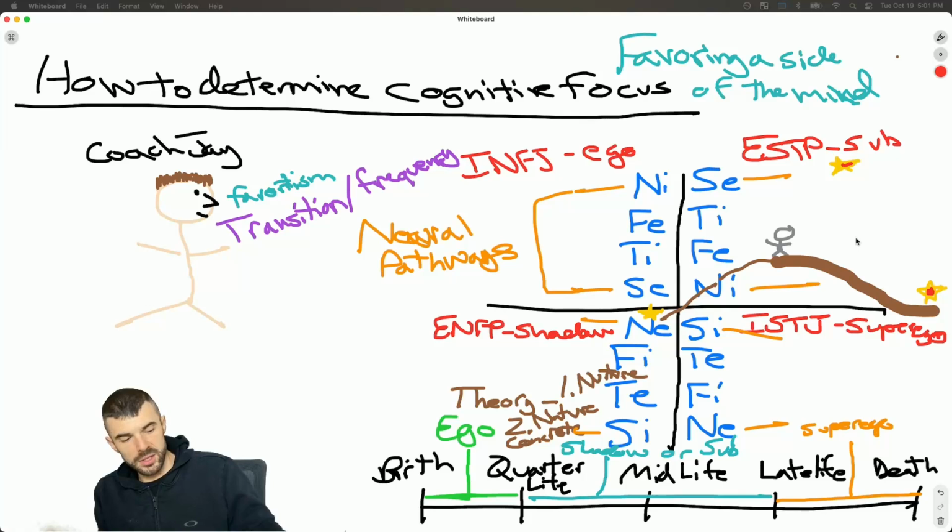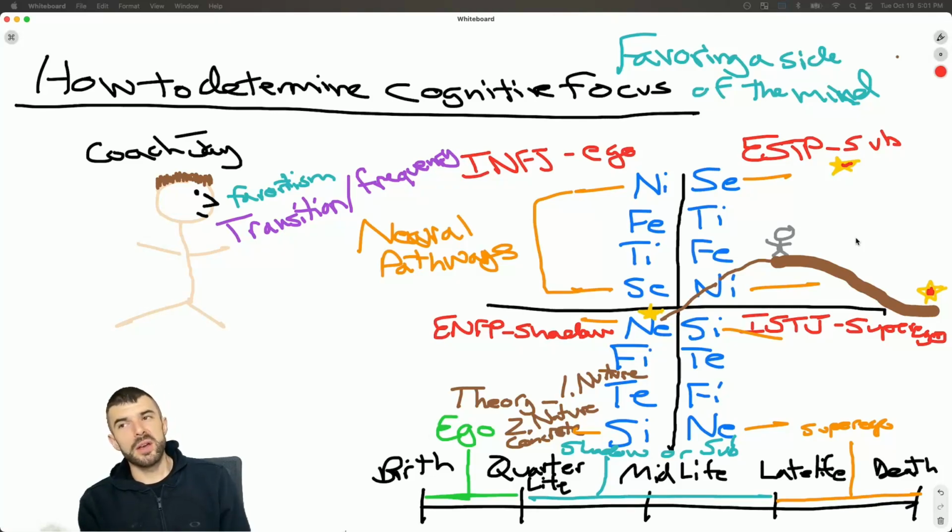Now, granted, some abstract and concrete in there from a temperament point of view, from a worldview point of view, may change or affect what side of the mind a person favors. Because, for example, between quarter life and midlife, I've noticed that intuitives tend to be shadow focused.